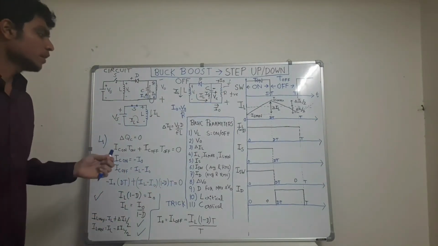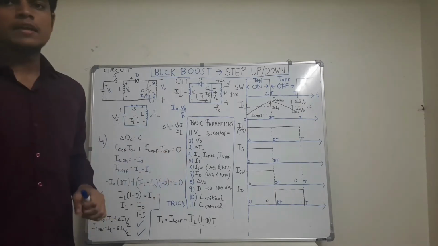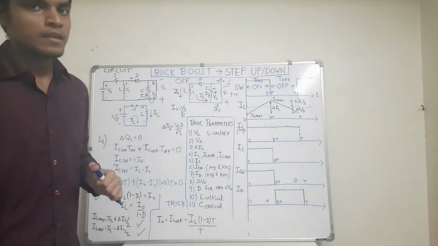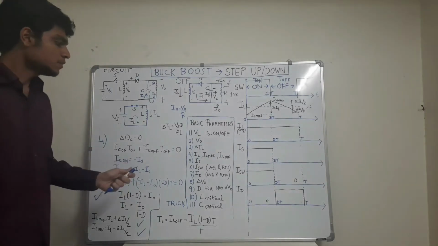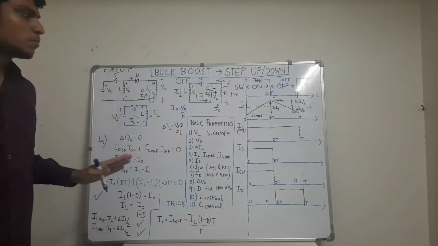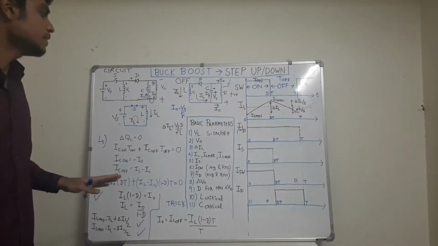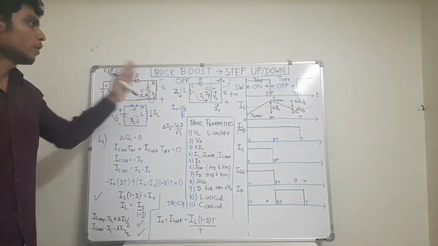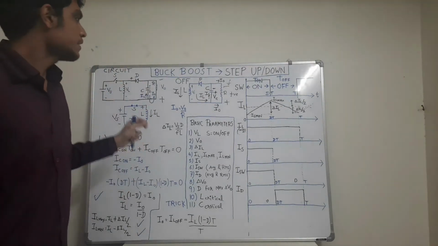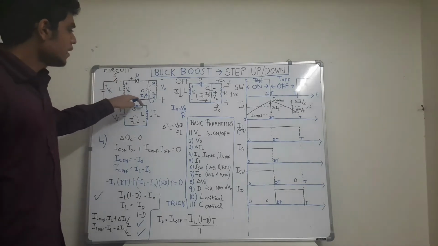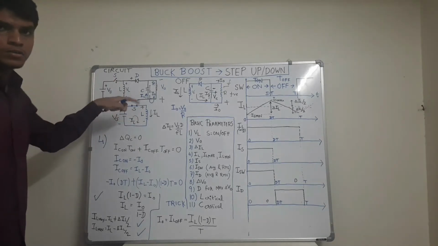Now another way we can find IL is a short trick used by many students. If we want to find IL directly just by looking, we have to find IL in terms of load current. Whenever the switch is on, IL is flowing through the inductor and source only.